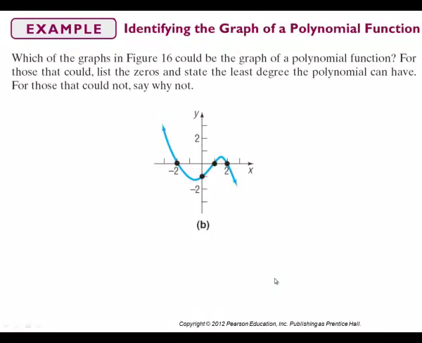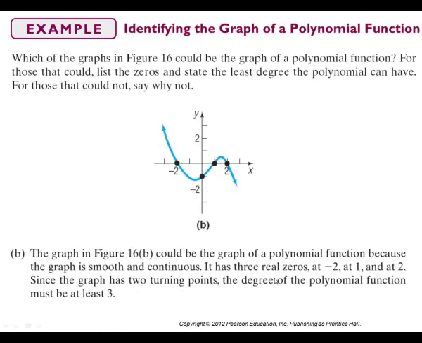Now this one, we can say that is a polynomial function. And then what would the zeros be? Well, you should have said the zeros are -2, 1, and 2. Okay, and here they are down here.